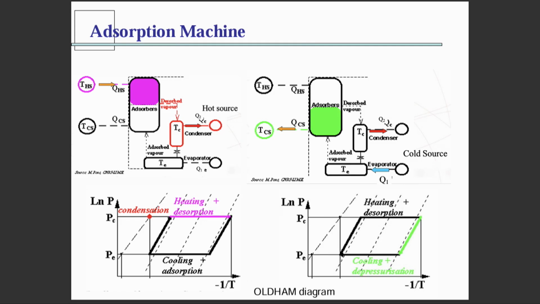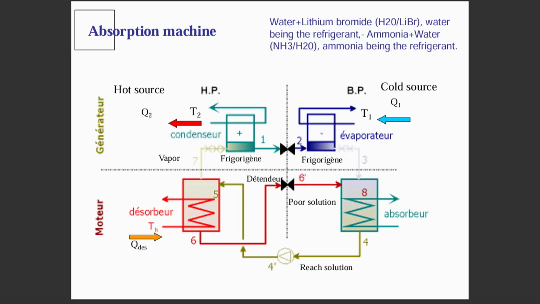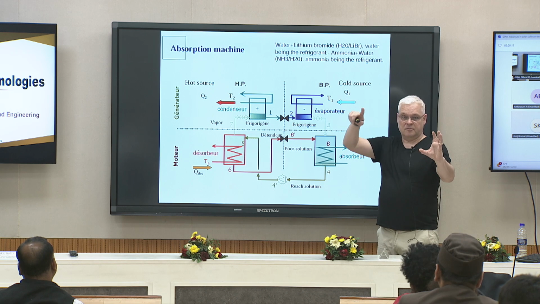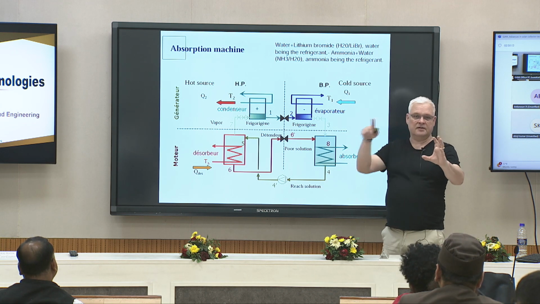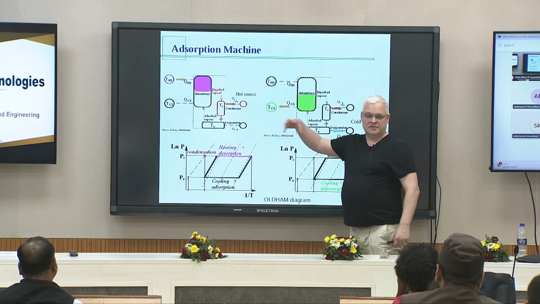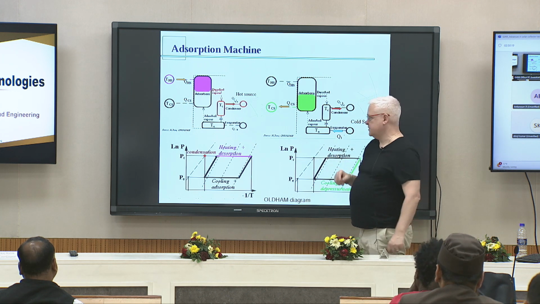Now, an adsorption machine is more delicate, because in an absorption machine you can make the fluid circulate as you want. With adsorption machines, there's one solid and one liquid and vapor. You can't take the solid and displace it, so it's fixed.